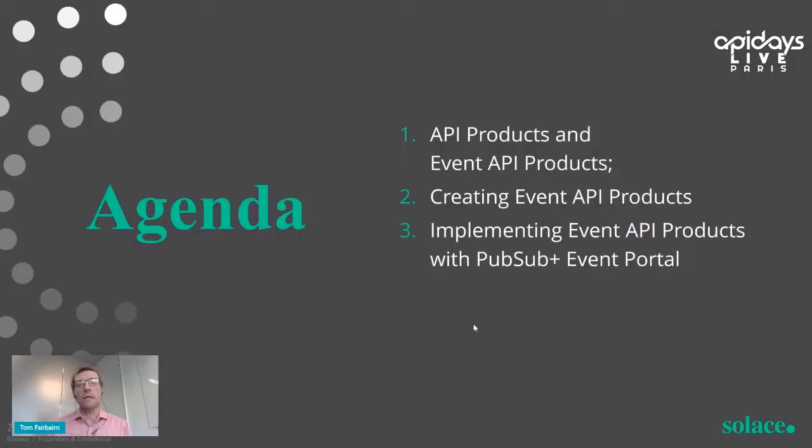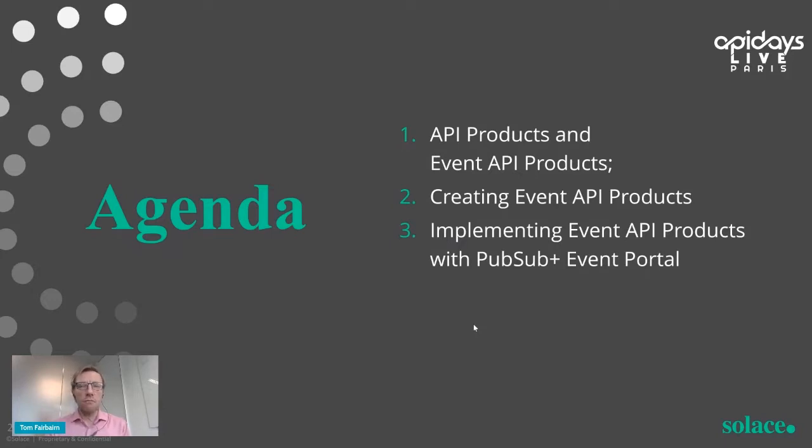Right, okay, let's get started then. What we're going to talk about is how to relate this idea of API products, which I'm sure most people are familiar with, the idea of creating a bundle of REST APIs that fulfill a specific business need, to how the tooling and approach relates to this idea of event API products. Along the way, we're going to talk about what an event API is.